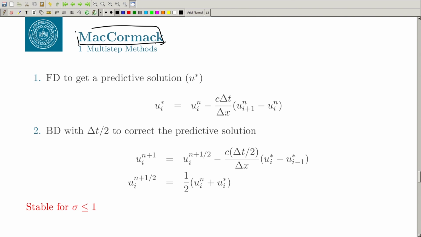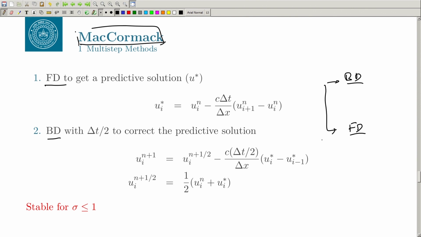Like the Richtmyer or the two-step Lax-Wendroff, the McCormick also has two steps. This is simpler than that. In this you will basically use first the forward differencing and then use the backward differencing. And you can actually do the opposite. You can first have the backward differencing and then have the forward differencing. It does not change anything.